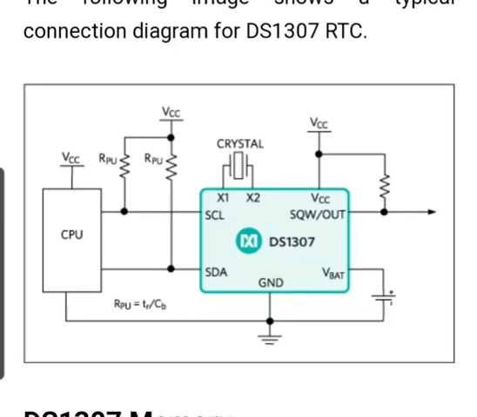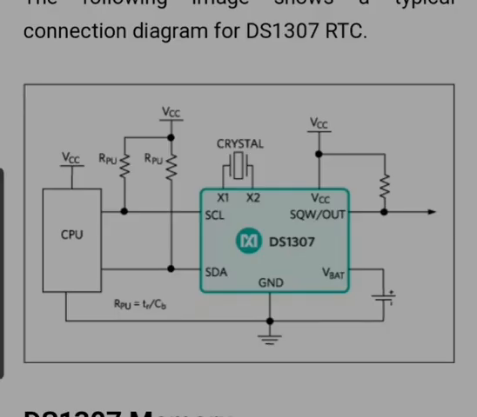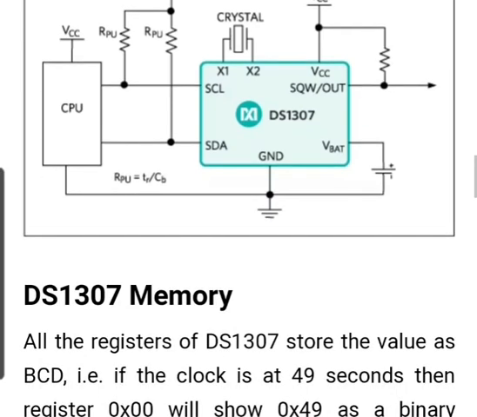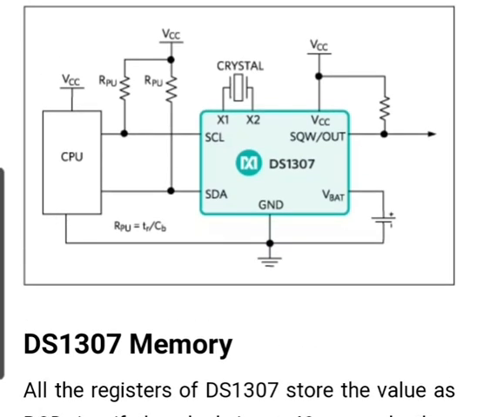This makes it easy for a programmer to read and display the number on an LCD or serial terminal. If we want to use the register value of the RTC, then first convert the value from BCD to decimal and then use it.